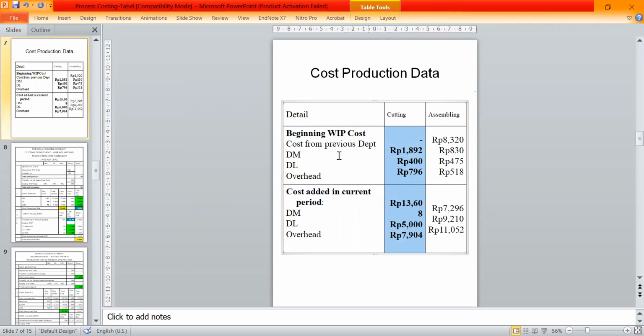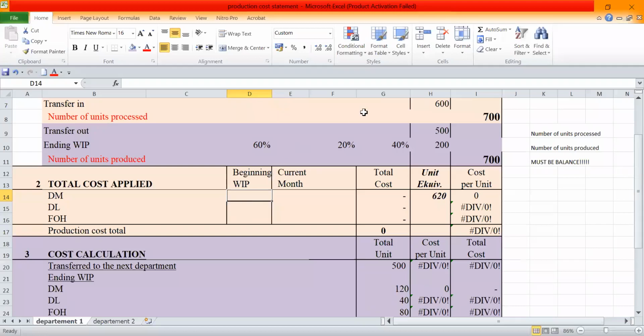We go back again. So remember, for the beginning work in process in here, we got this number as the cost amount of the direct material, direct labor, and the overhead. So we input the information of the beginning work in process.